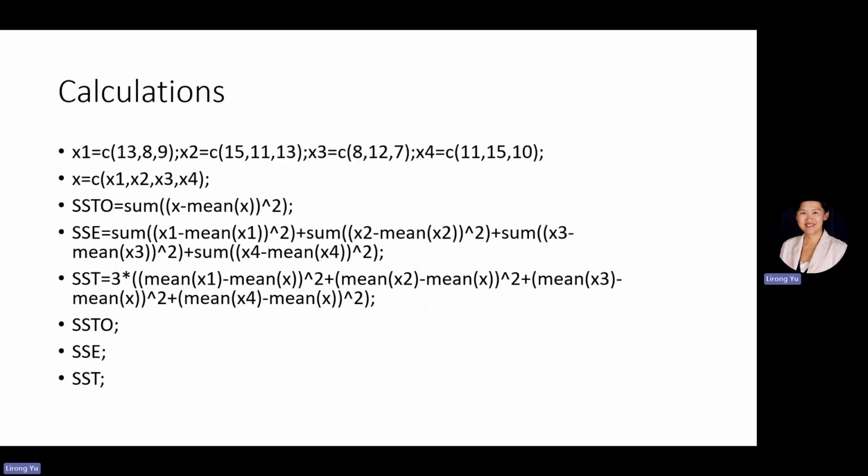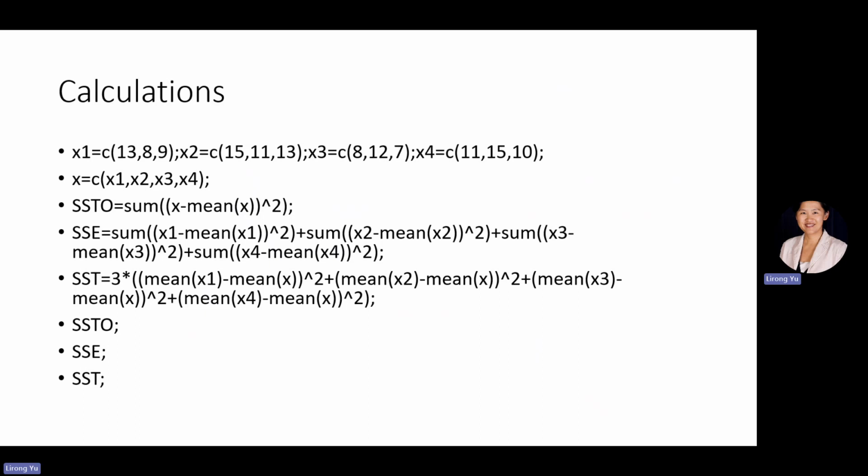First you enter your data x1, x2, x3, x4, and then connect them together into one big data set X. The total summation square is each data point minus the mean, meaning all 4 samples collected into X, X minus the mean of X, which gives you the overall total.